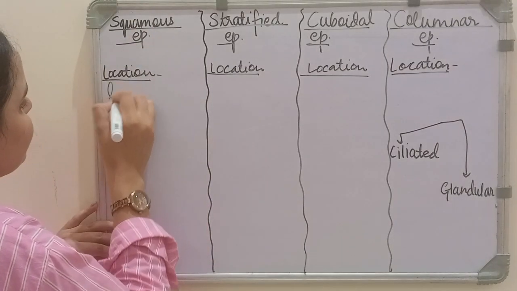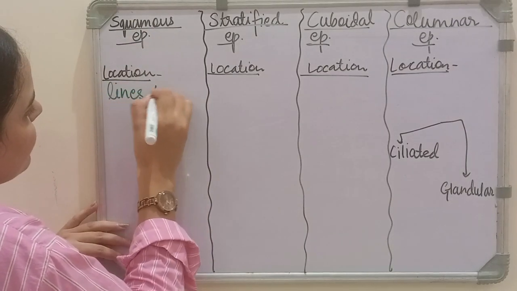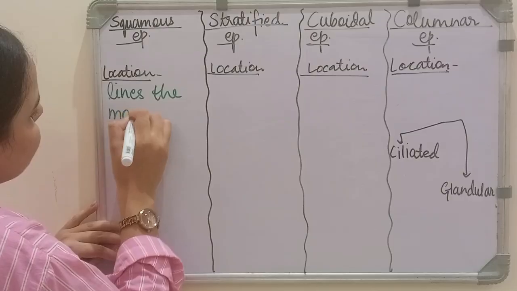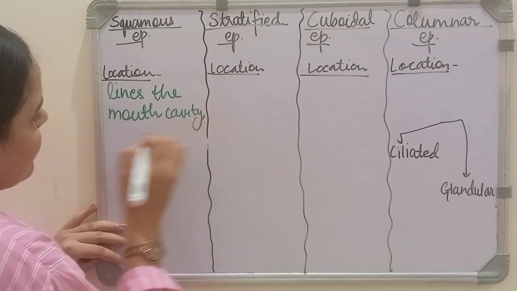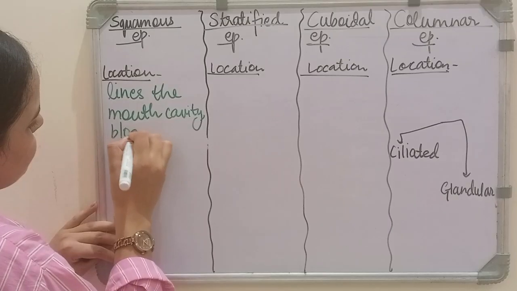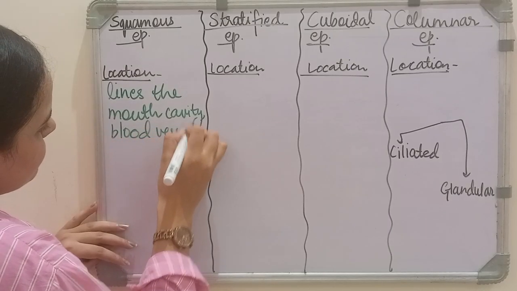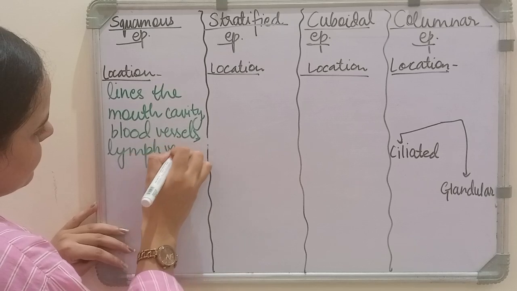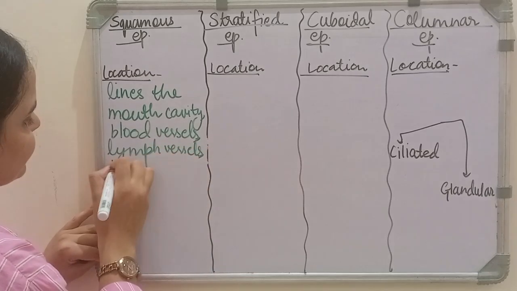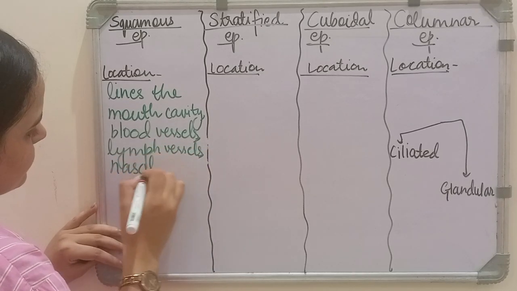Squamous epithelium lines the mouth cavity, blood vessels, lymph vessels, as well as nasal cavity.